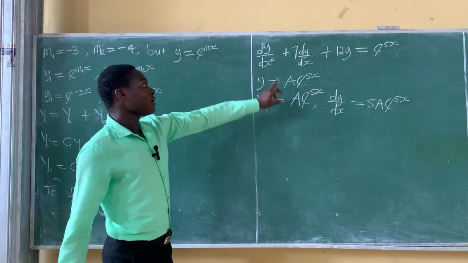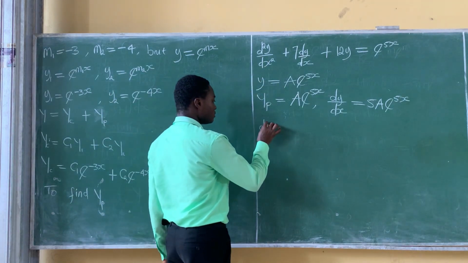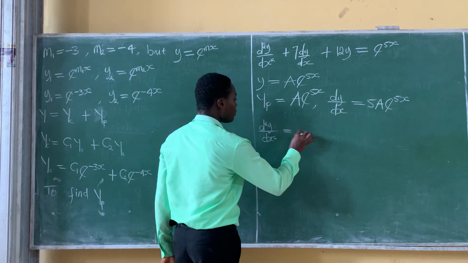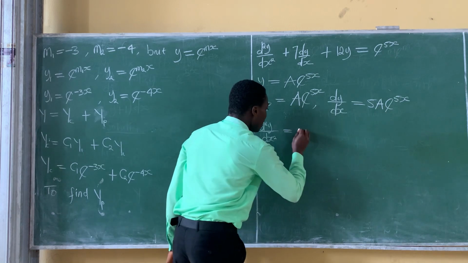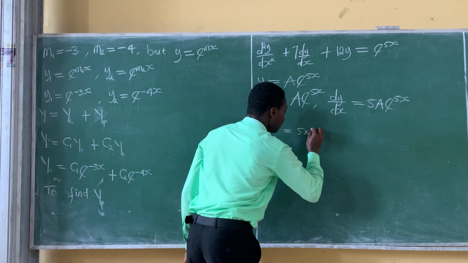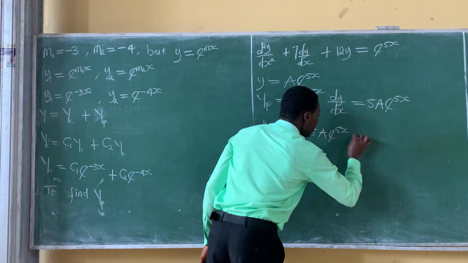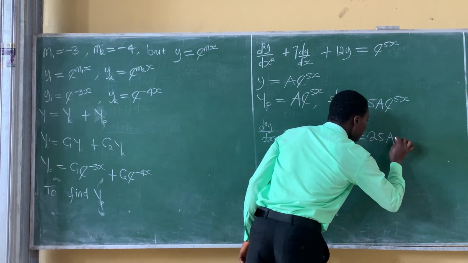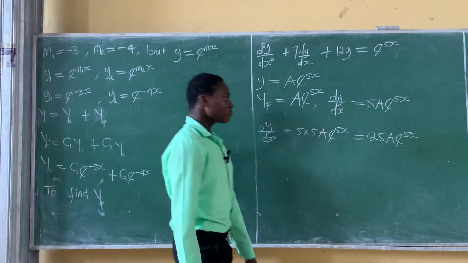Then the next we need to find is d squared y over dx squared. It means we need to differentiate this again. So if you differentiate this, you have 5 times 5 a exponential 5x, and this should be equal to 25a exponential 5x.